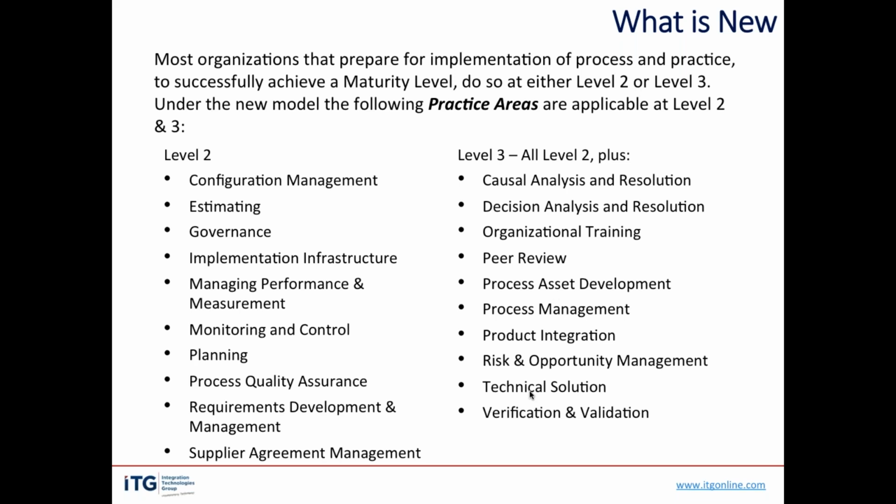At level 3, those 10 original at level 2 are still there. Plus we add causal analysis and resolution, decision analysis and resolution, organizational training, peer review, process asset development, process management, product integration, risk and opportunity management, technical solution, and verification and validation. And we'll talk about some of these in the next slides.